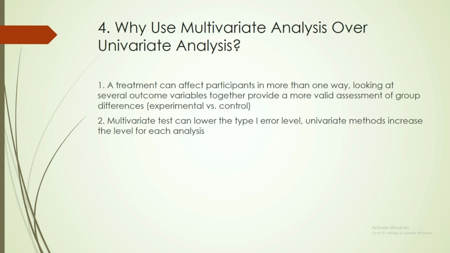Also, multivariate analysis can keep the type 1 error level low, because when we compare three outcomes together for different groups, we can keep the type 1 error. Let's say we want a type 1 error at the 0.05 level. To compare the means of the three outcomes at the same time, we can keep the type 1 error at 0.05.